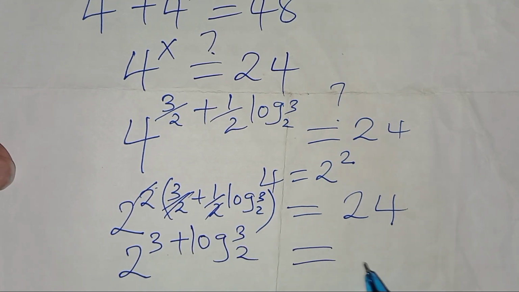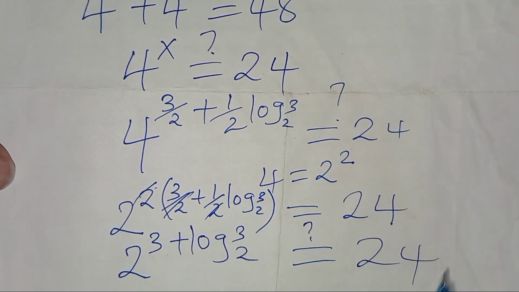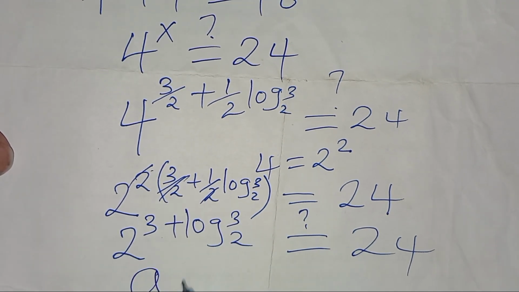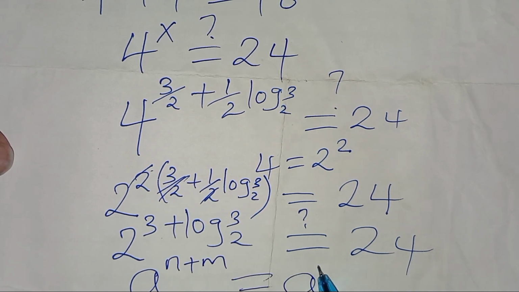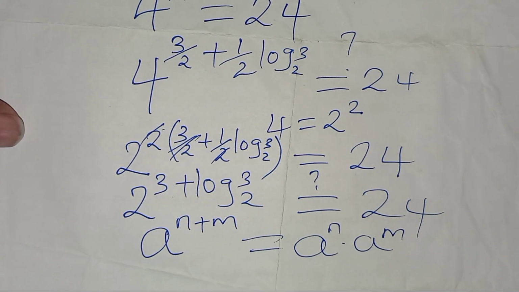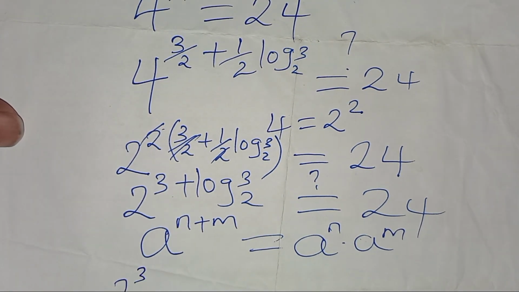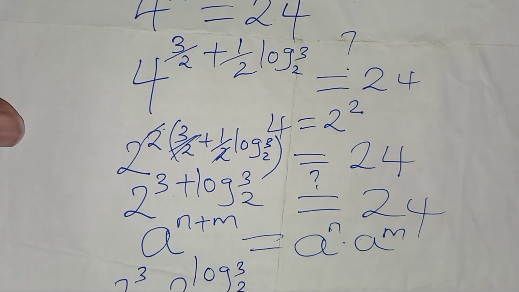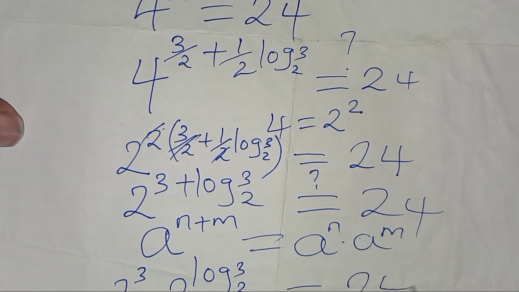This should give us a value of 24. Now you find that 2 to the power 3 plus log 3 to base 2 is in the form of 8 to the power n plus m, which we can express as 8 to the power n multiplied by 8 to the power m. Applying this property, we'll have 2 to the power 3 multiplied by 2 to the power log 3 to base 2. This should give us a value of 24.